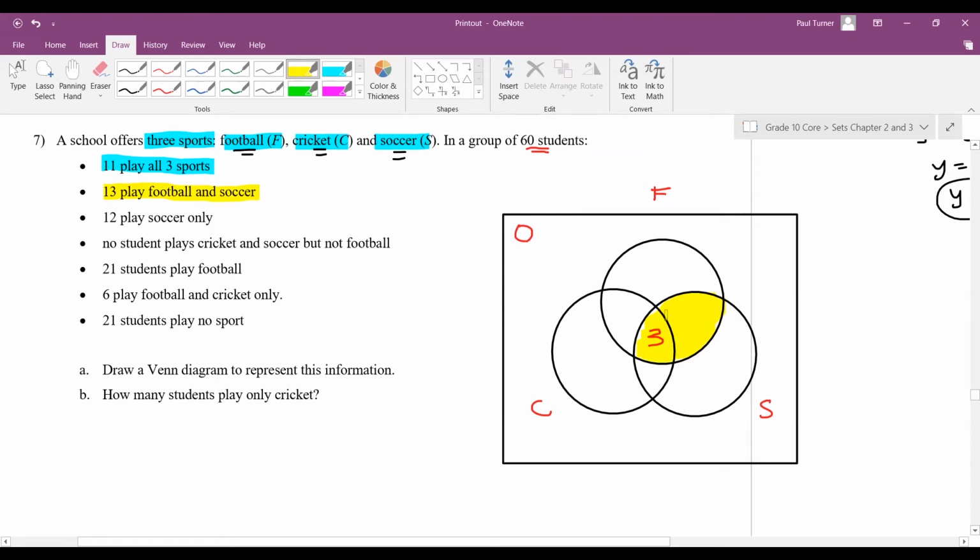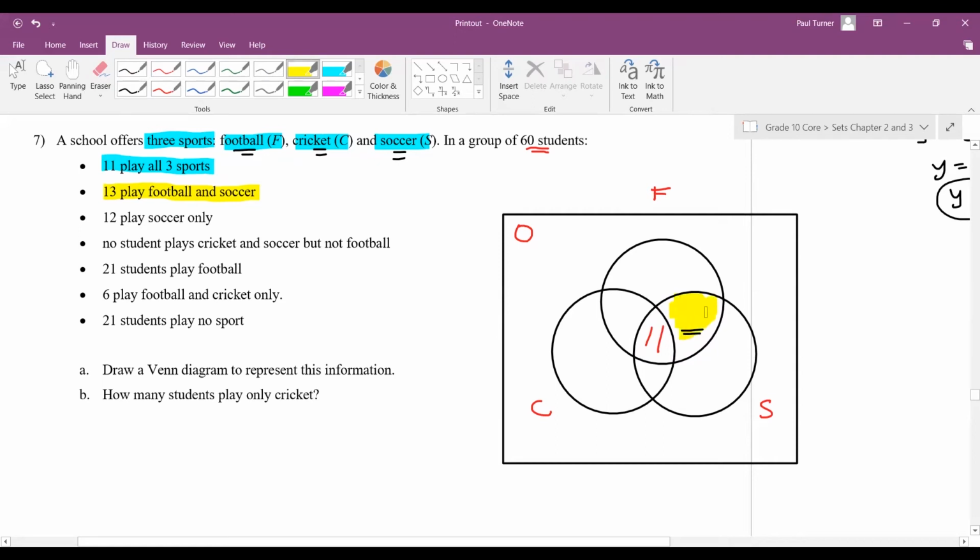This should be 13, but there's already 11 that play 3 sports. So what number do I put here, anyone? What number goes there for that one? Any idea? Football and soccer. 11. Oh, you see the mistake I made? 11 play 3 sports, not 3. Say something. 11. All right, now better.